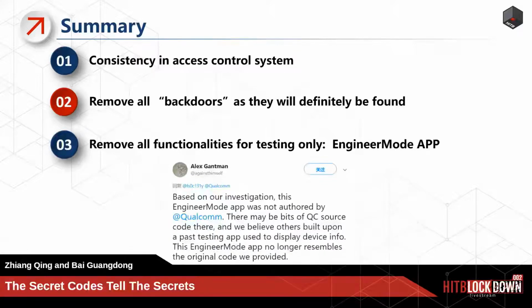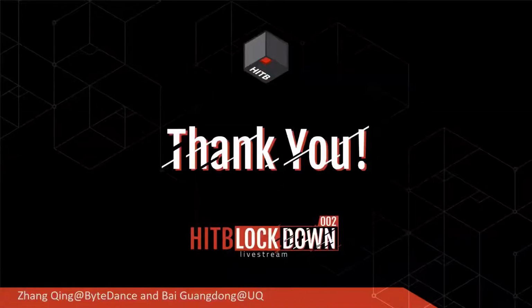So what we suggest is, all the manufacturers should consider removing those functionalities before their mobile devices go to the market. Okay, so that is all for this presentation, and thank you so much for your attention.